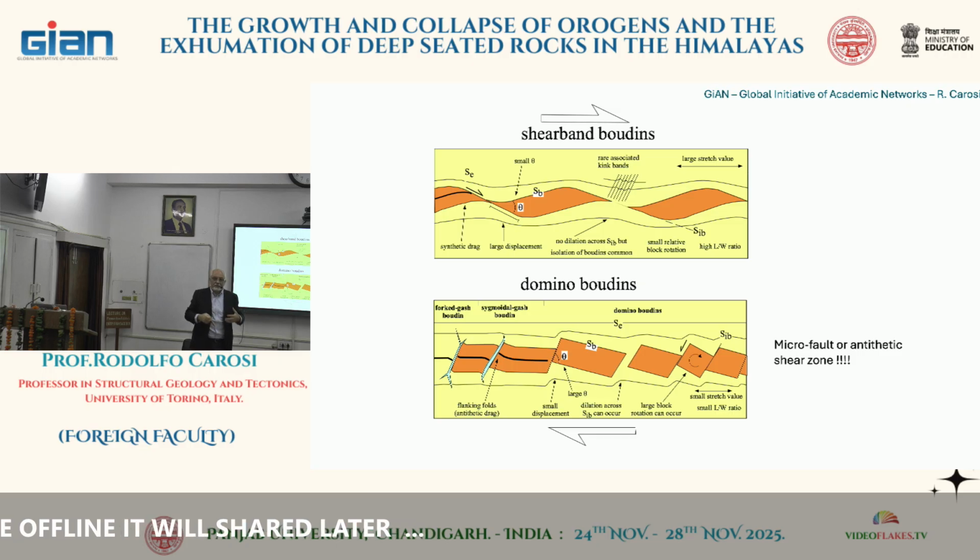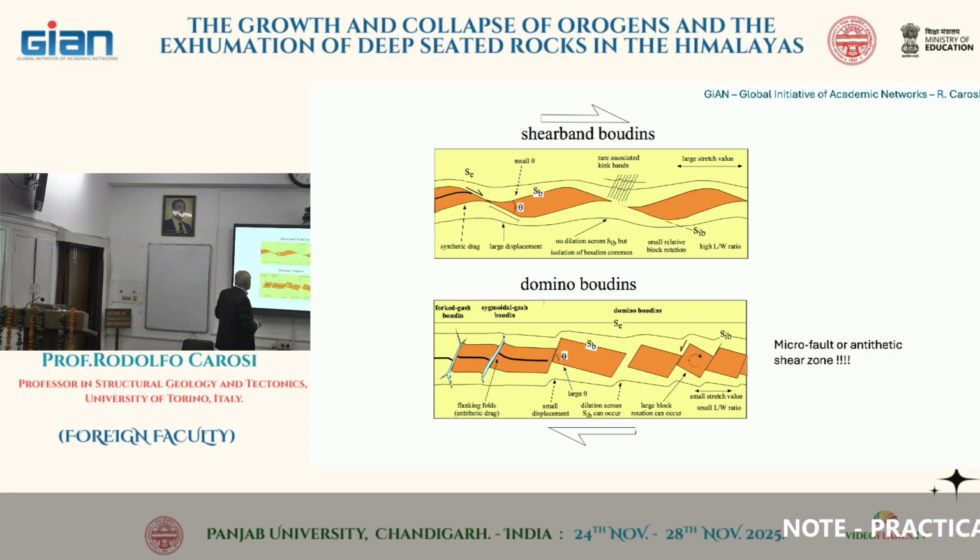It is similar to Riedel structure. Do you remember Riedel structure? The R1 at high angle, the R at a small angle. It is exactly the same, but in this case, they are useful as kinematic indicators.